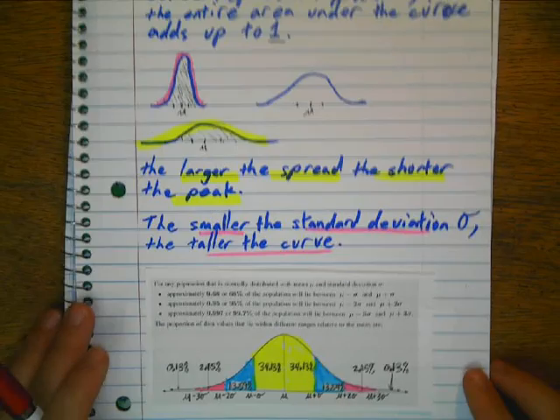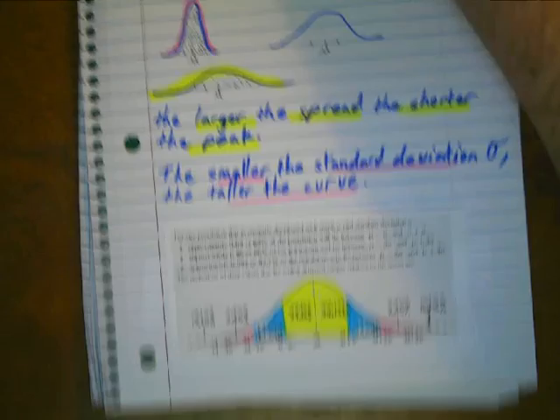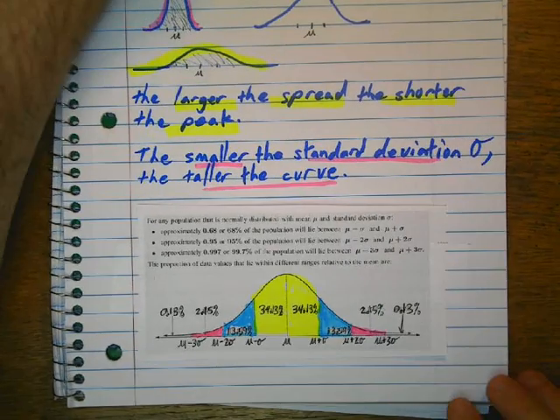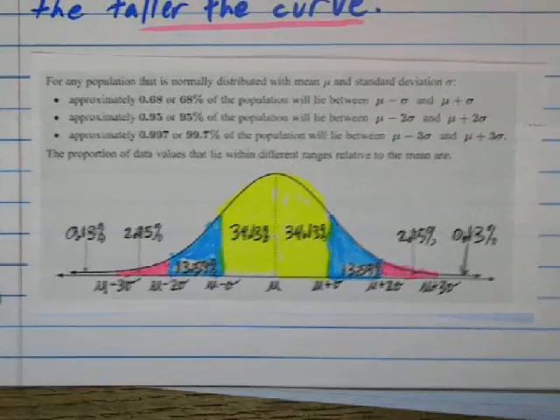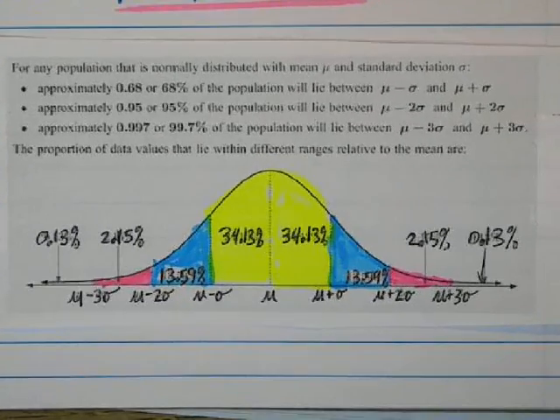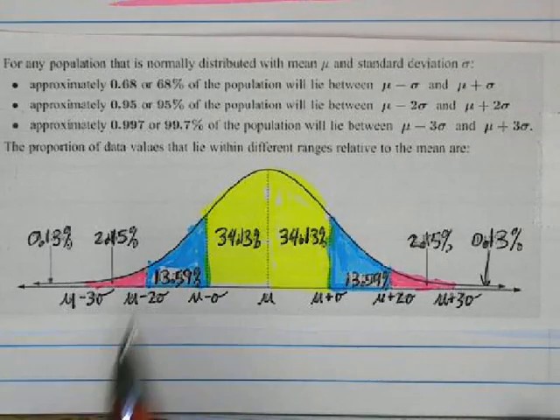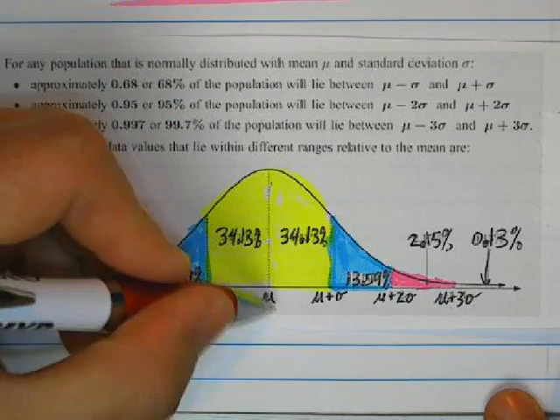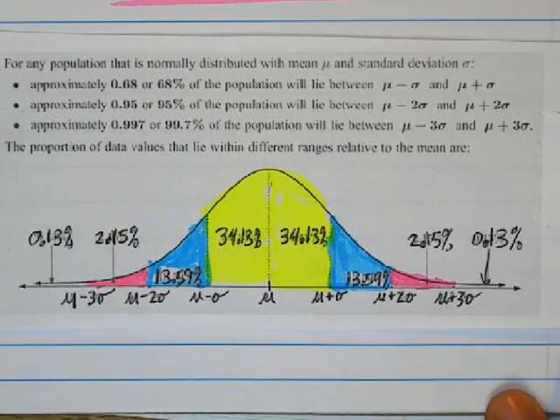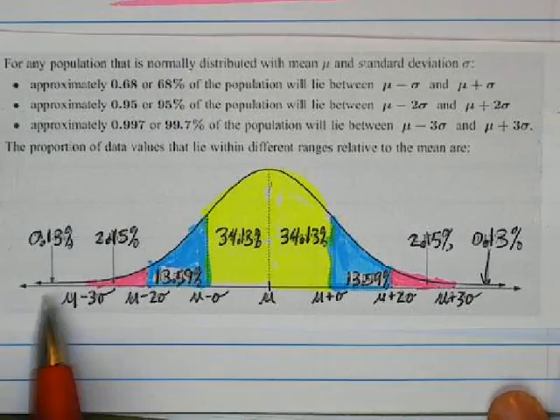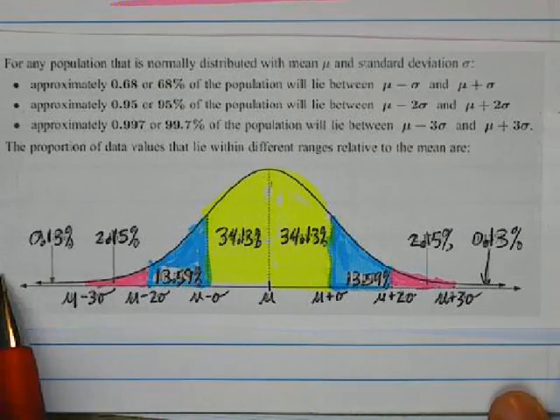Okay. Now, this is an important detail here. I'm going to zoom in a little bit. You can print this out in the notes attachment if you want to, or you can just simply copy it down. So from my normal distribution curve, like I said, this is the general shape.